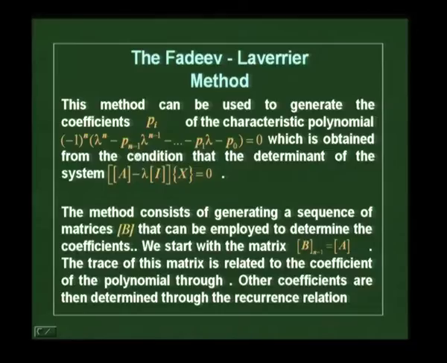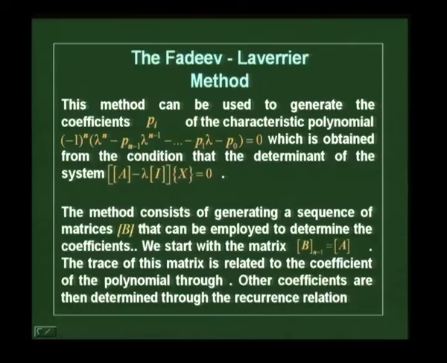So now the question is, what is a good algorithm to determine these coefficients P n minus 1 to P0? The coefficient of the highest power of lambda will always be 1, so we can always write it in this form. Now we want to construct this thing.